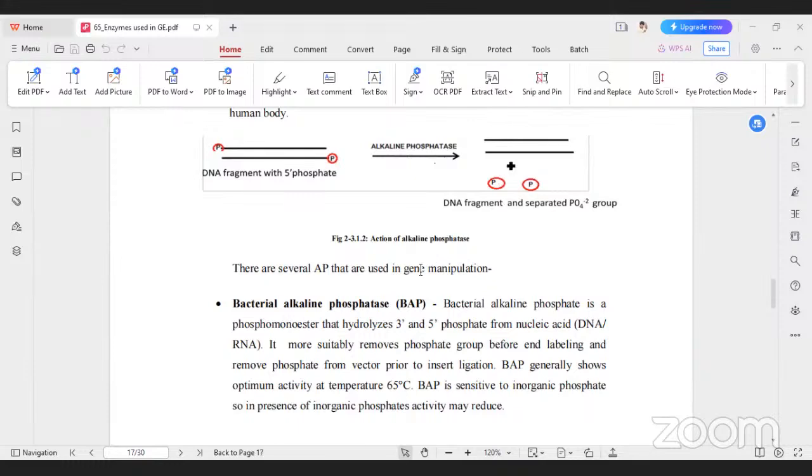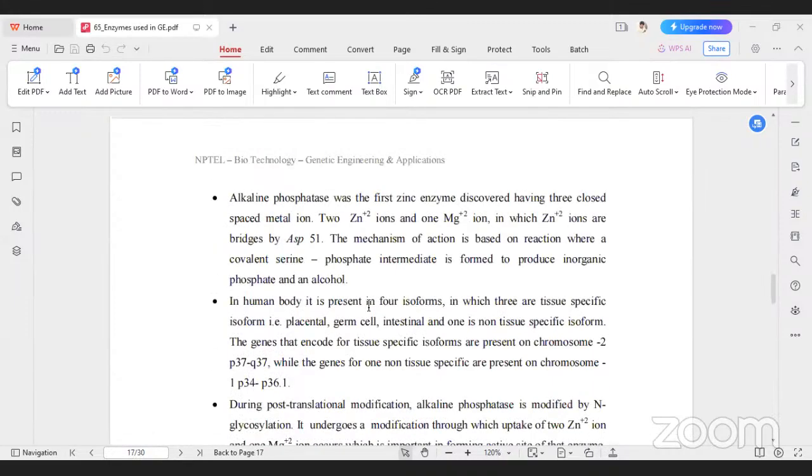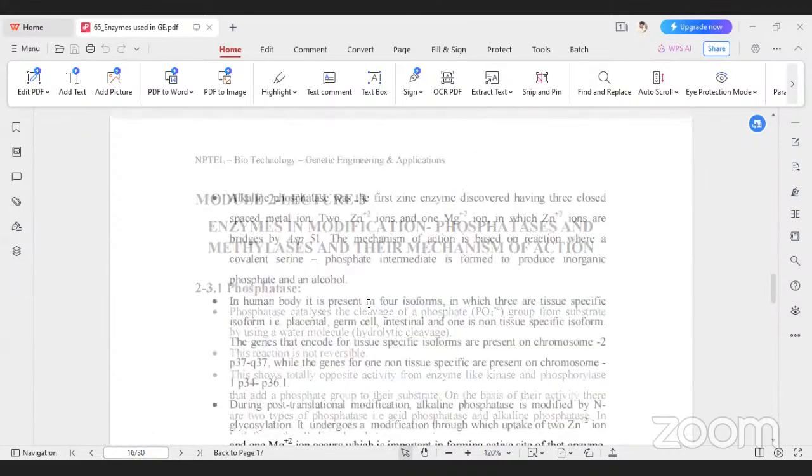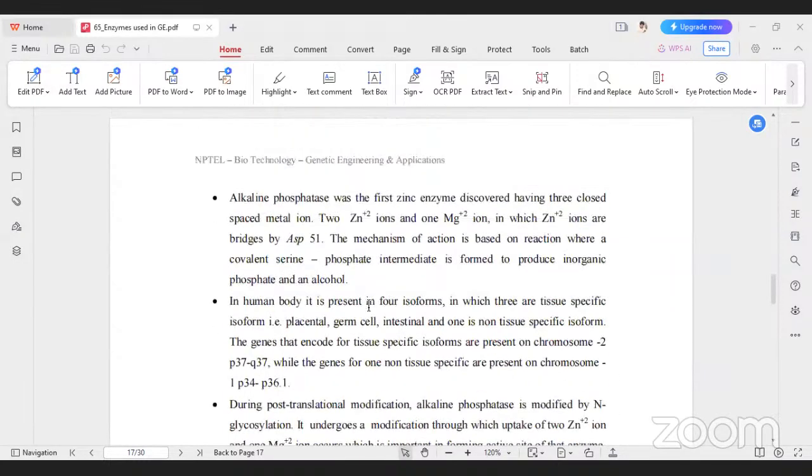The most common one utilized is CIP, calf intestine alkaline phosphatase, and T4 polynucleotide kinase. Both modify the phosphorylation state at the 5' end of DNA molecules.